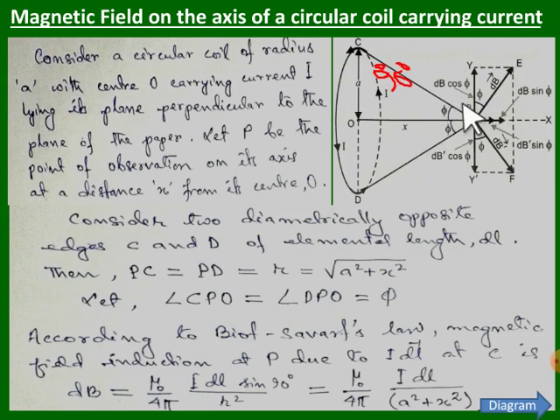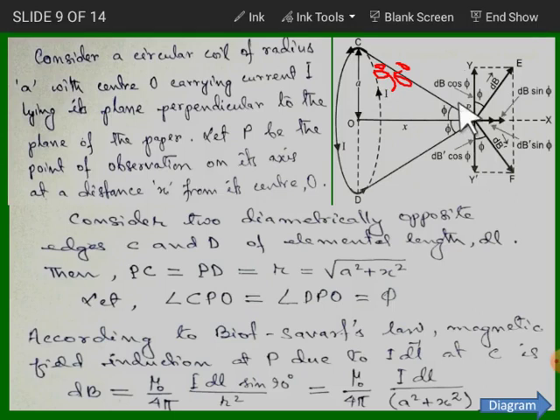So the angle between the r vector and the dB vector is 90 degrees, because your magnetic field will be along the direction perpendicular to both the r vector as well as the IDL vector. Got it? So it will be directed along this PE vector.